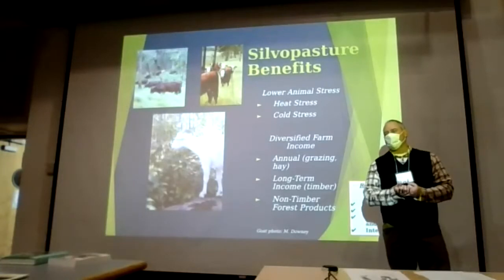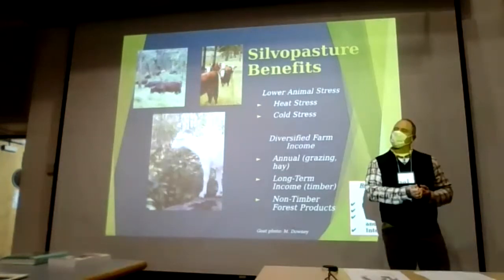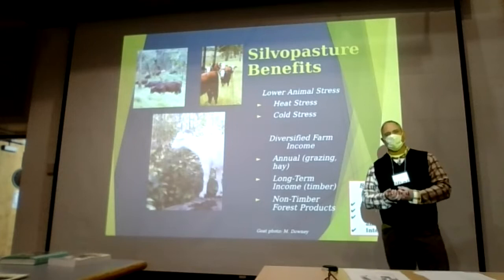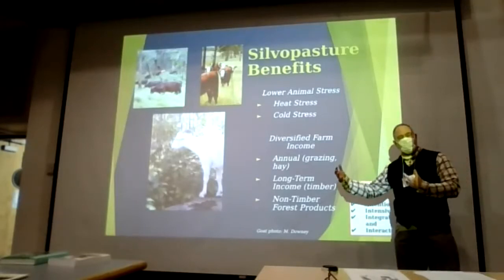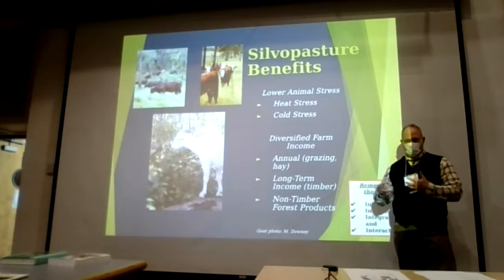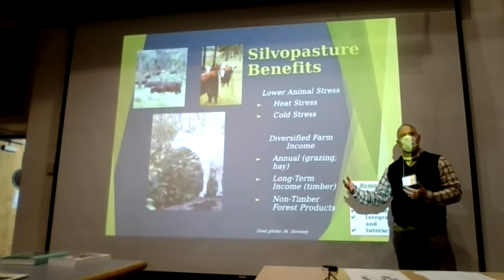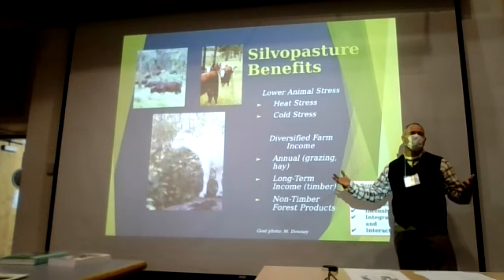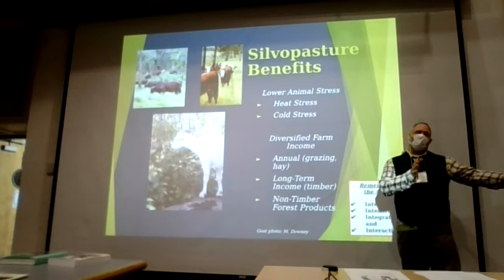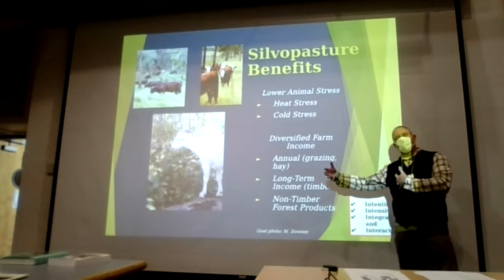And then you also have that the cool season grasses inherently start growing earlier in the season than an open field, than an open pasture, and they grow later into the fall under tree cover. So not only are you inherently adding additional land to your base by now managing your forest for silvopasture, you're also creating a longer pasture period to bring the animals out, because now you've opened up an extra window in the spring and an extra window in the fall.